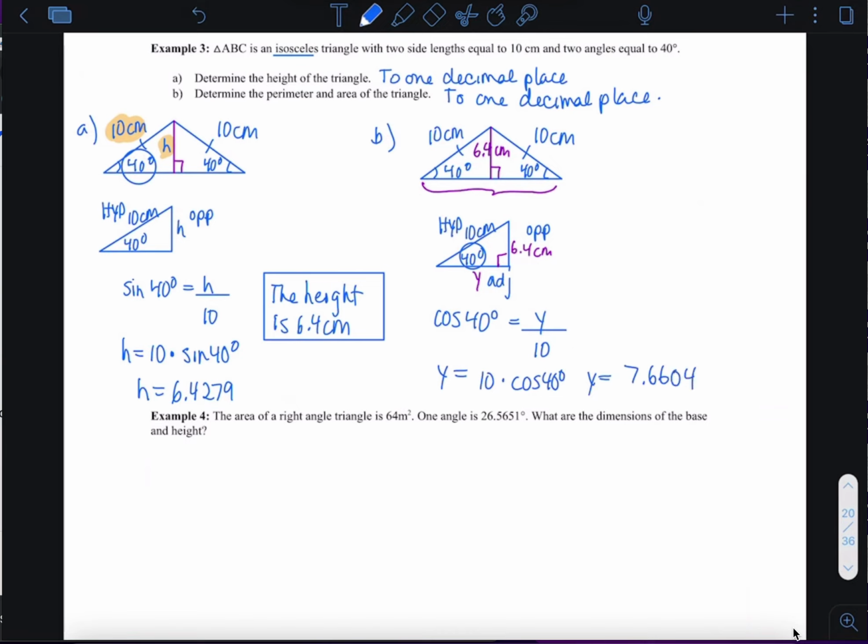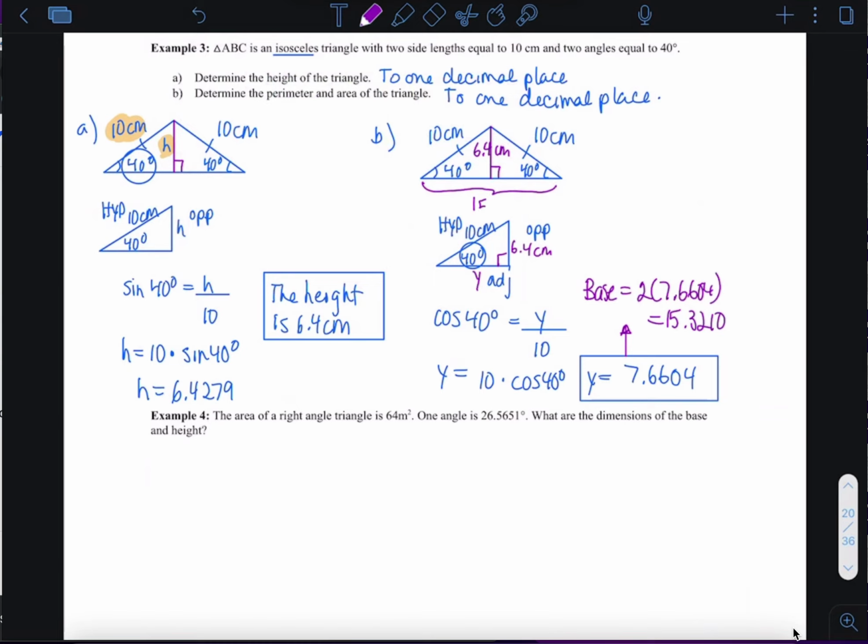Now, how does that help us? Well, it gives us half of the base of this larger triangle. So if I know that y is 7.6604, therefore, from here, I know that the base is 2 times that, and that's going to be 15.3210.